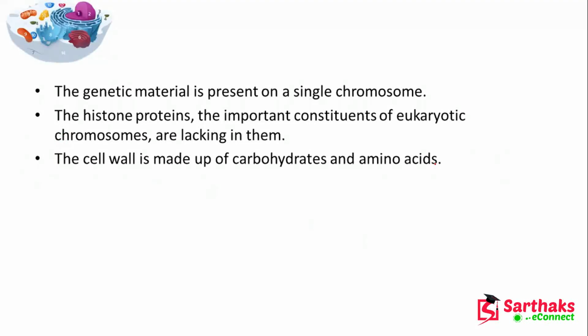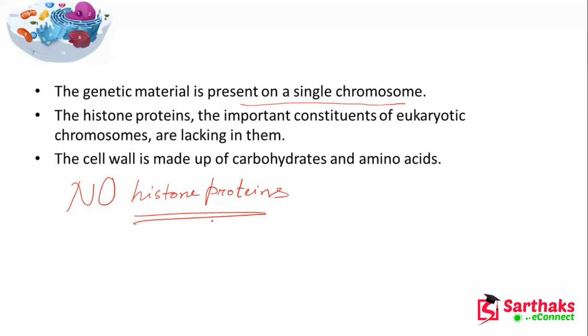The genetic material is present on a single chromosome. Histone proteins, an important constituent of eukaryotic chromosomes, are lacking in them. There is no histone protein that is present in the eukaryotic cell.